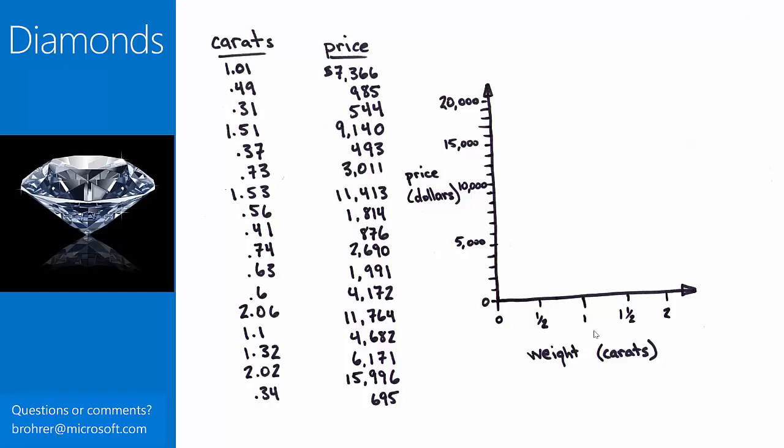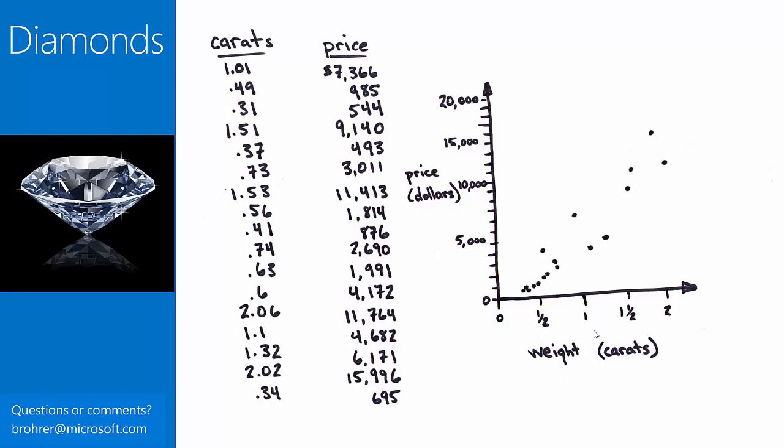And I look at my very first data point, 1.01 carats, and I eyeball a vertical line from 1.01 on the carat line. Price: $7,366. I eyeball a horizontal line from 7,366. Where they meet, I put a dot. That data point, literally the dot, represents the first diamond on my list. I can do this again and again for every diamond on the list, and I get something that looks like this.